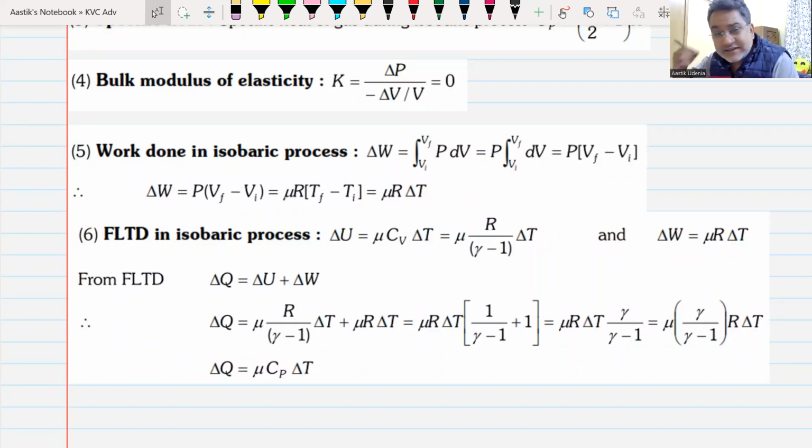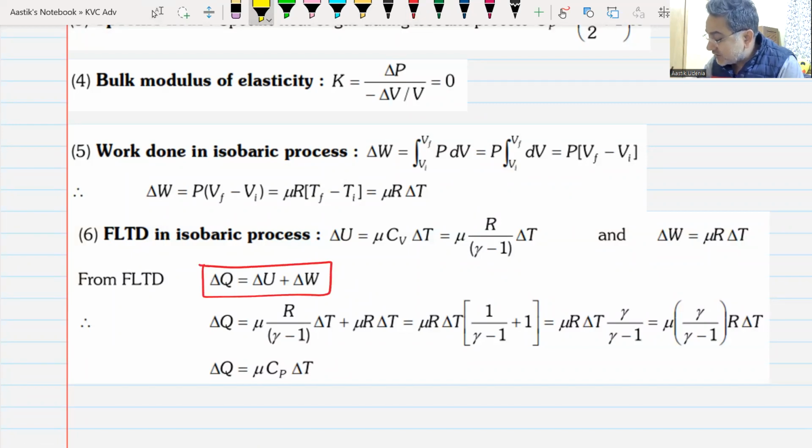And remember, we can derive Mayer's relation from here. How can you derive Mayer's relation? Just look at this. Delta Q is equal to delta U plus delta W. Do we understand this? Delta U will be n into Cv, Cv is R upon gamma minus 1, and work done is nR into delta T. From there, you will get gamma upon gamma minus 1, which is Cp.